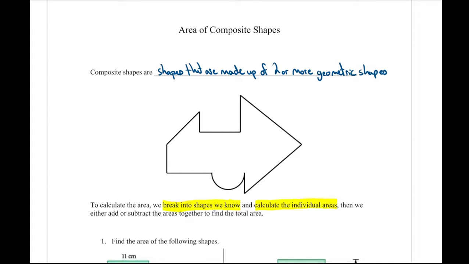And then we either add or subtract the areas together to get our total area. Depending on what our shape looks like, we may have to add them together, or we may have to subtract them if we've removed something. In the example that we see here, we would have to add all of those shapes up.